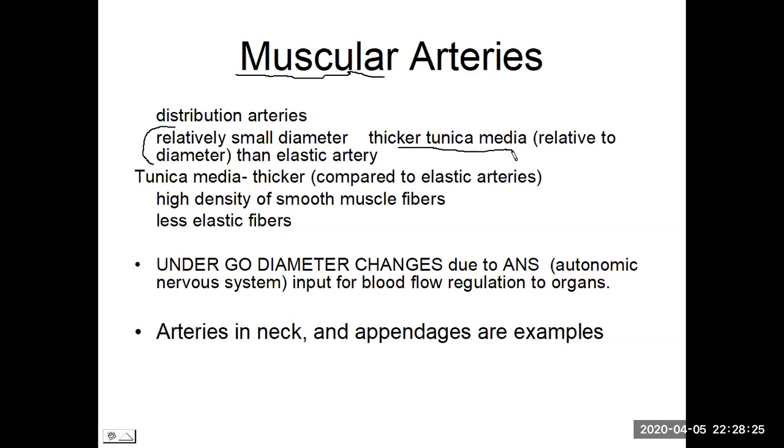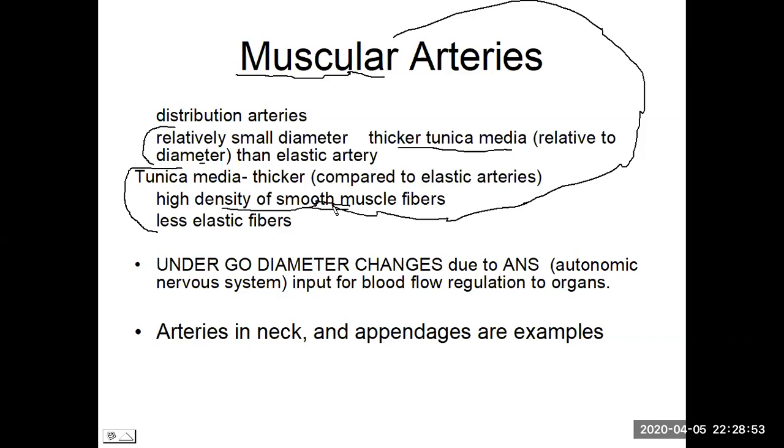So really the opposite of what we just said for elastic. Here we're seeing a thicker tunic wall, and now a smaller size to their lumen. The same goes here for the tunica media, just the opposite of an elastic artery. So here now, hence the name, there's a larger amount of smooth muscle tissue in these muscular arteries.